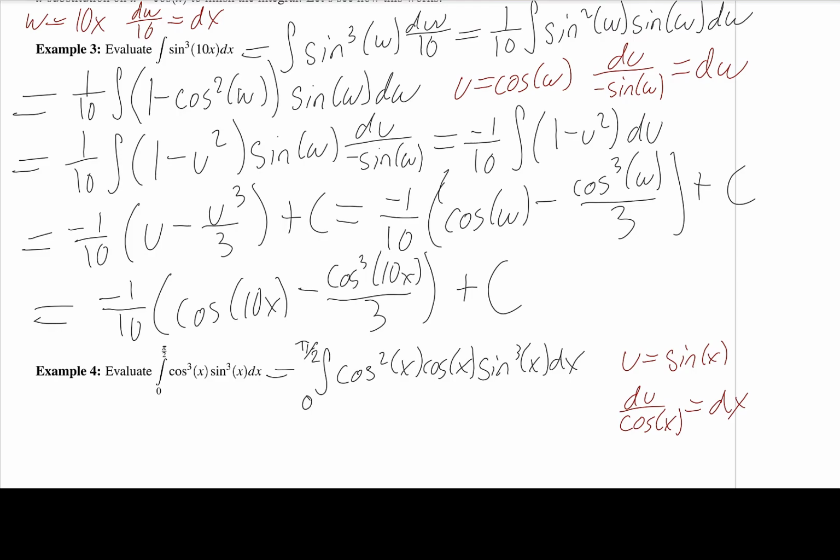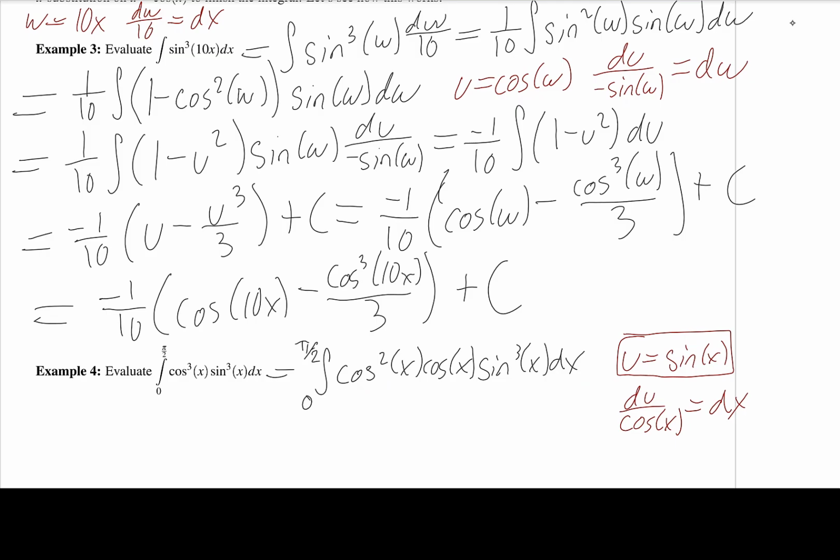Now let me point something out here. Notice how we use u equals sine of x here. A good way to remember what trig sub goes with what u substitution: if we're using u equals sine of x, that means I want to get as many sine of x's in here as I possibly can, which means I'm going to change this cosine squared of x into a 1 minus sine squared.